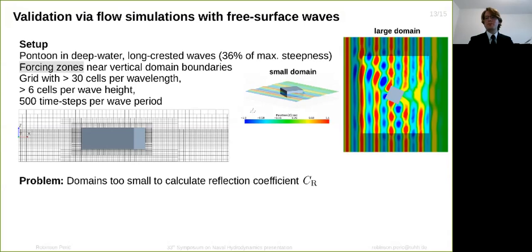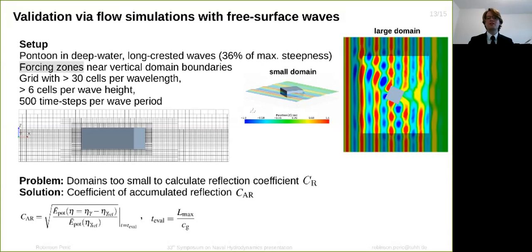And for such domains as one would use in engineering practice, it is impossible to calculate the reflection coefficient, therefore. So we devised the coefficient of accumulated reflection as follows.